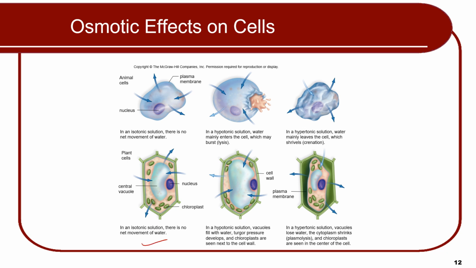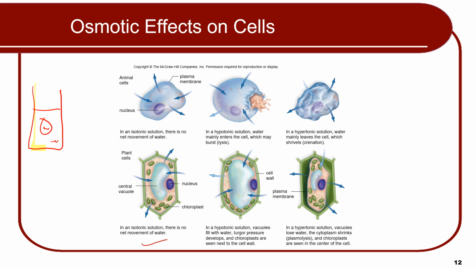And if you take an animal cell and put it in a solution where there's equal water inside of the cell and outside of the cell, that's called isotonic.